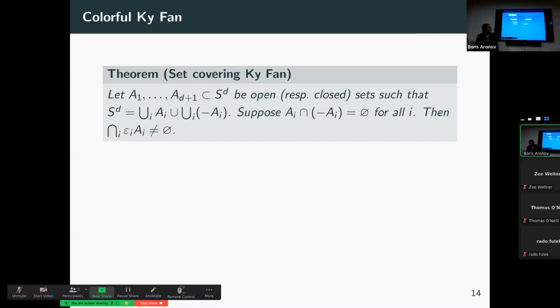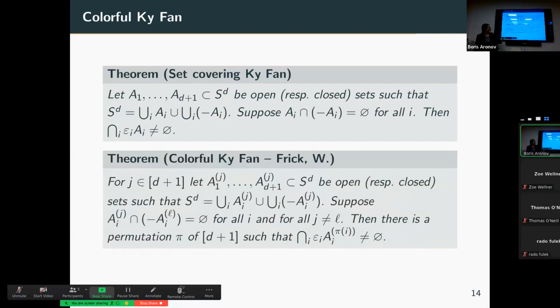And then the next step is to get your colorful set covering version, where now, in the same way that you had the colorful KKM sets, you have your D+1 different covers, each satisfying this criteria.